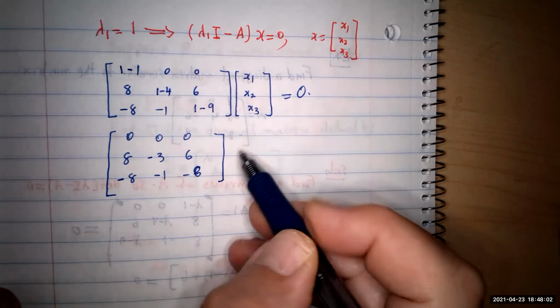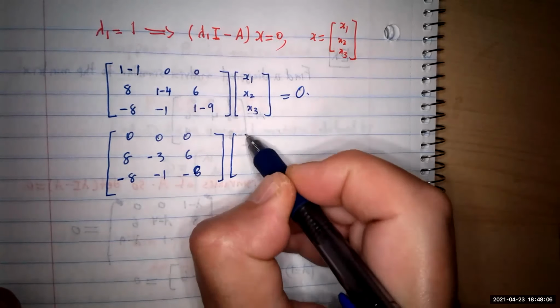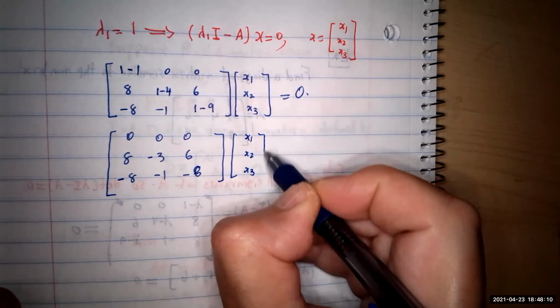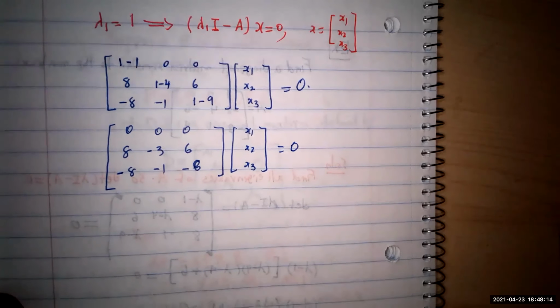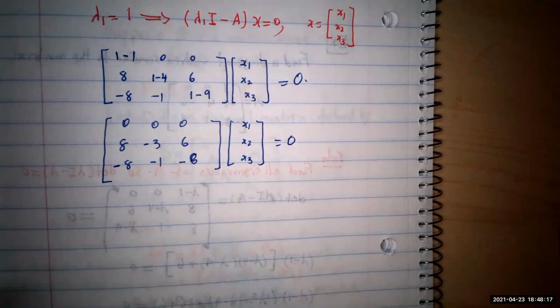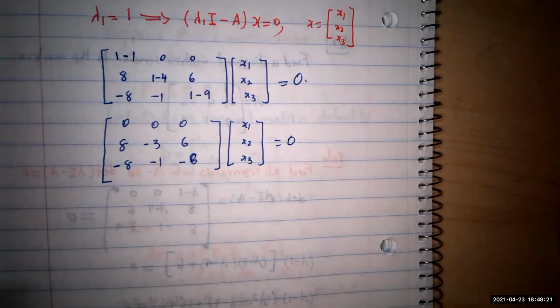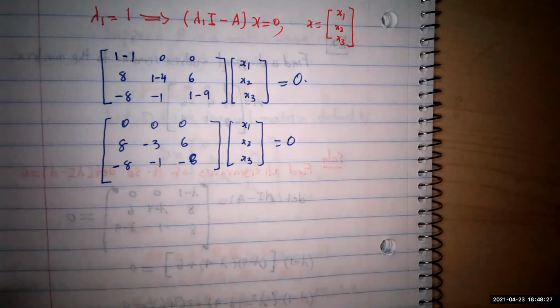Okay, this system is going to be a dependent system, but you have to change it to the row echelon form. You know that this is a kind of augmented matrix that we are going to have. We need to start with the 1, so I'm going to switch these two together.